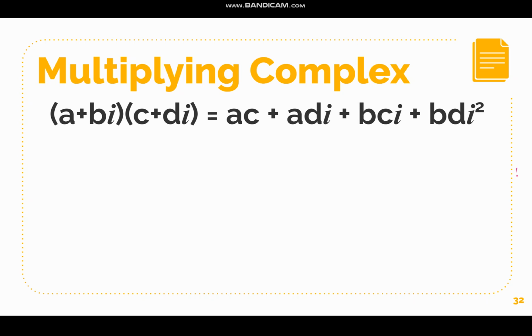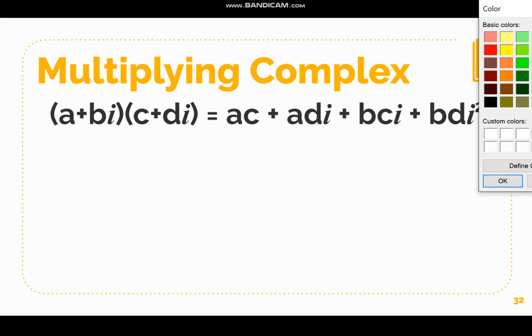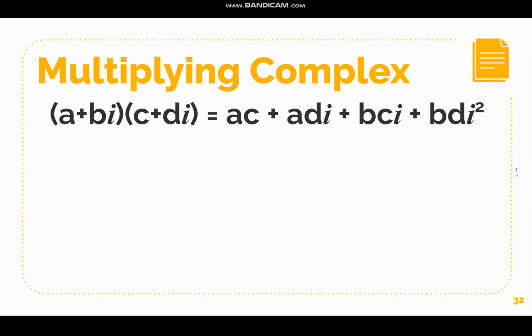So if you've got a plus bi times c plus di, then here's what you are supposed to do. First, I multiply each term in the first parenthesis to each term in the second parenthesis. So a times c. And then I distribute a to the di, then multiply bi with c, and multiply bi with d.